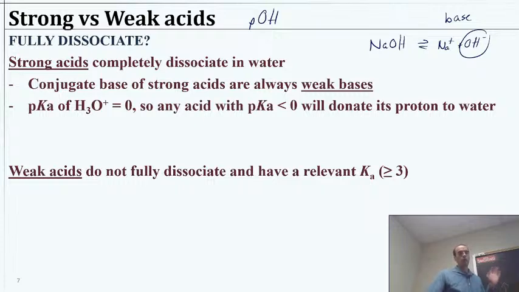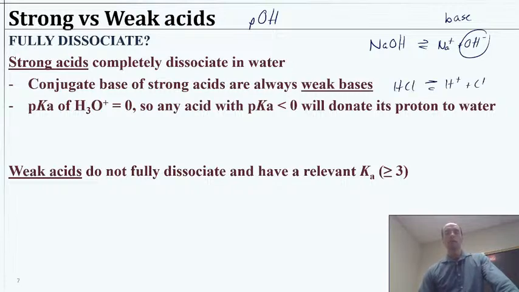The strong ones will completely dissociate, and the conjugate bases of a strong acid are always weak bases. For example, HCl is in equilibrium with H+ and Cl-. The conjugate base, Cl-, is a weak base.